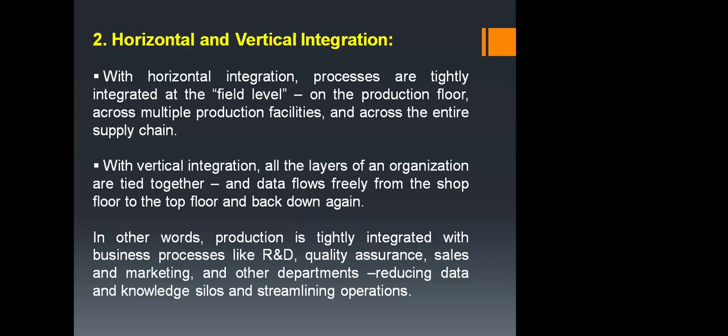So vertical and horizontal integration are very much required to get the benefit of Industry 4.0. And at each of these levels, horizontal or vertical, we use different kinds of automation technologies for different purposes.